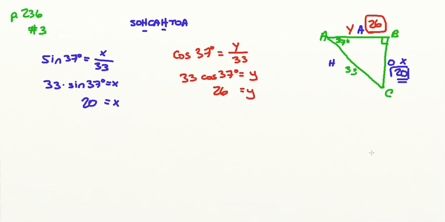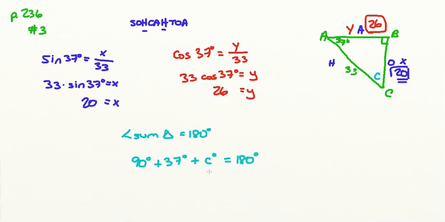We're left with one angle to find, angle C. And there are two ways to do it. We can use trig, and in fact we can use any of those trig identities now, or we can use the angle sum of a triangle. Angle sum of a triangle equals 180 degrees. That means all of the angles in the triangle must add up to 180. So we have 90 degrees plus 37 degrees plus C degrees equals 180.